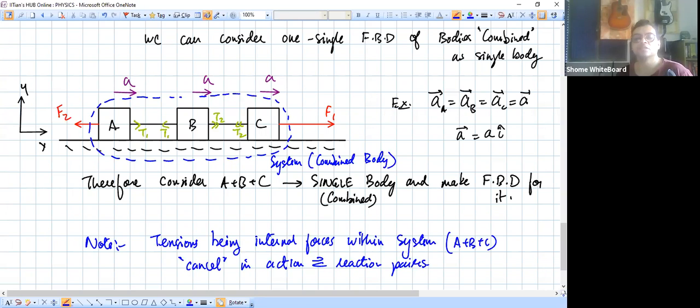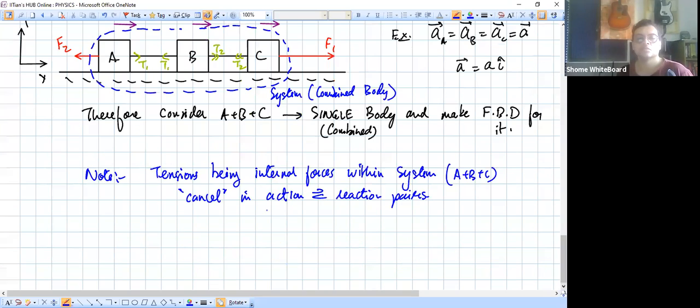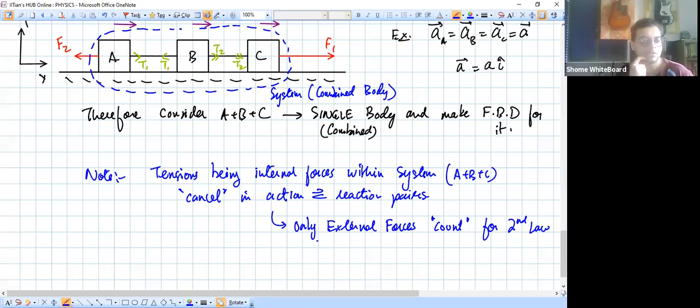Okay, so for that system A plus B plus C, only external forces count for the second law. The net external force is equal to mass into acceleration. So the tension will not count over here, and a summation of T will become 0. Okay.